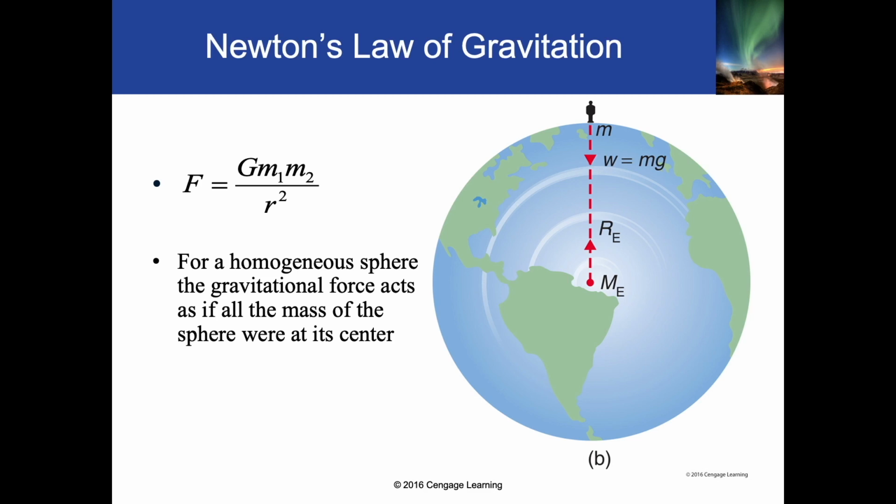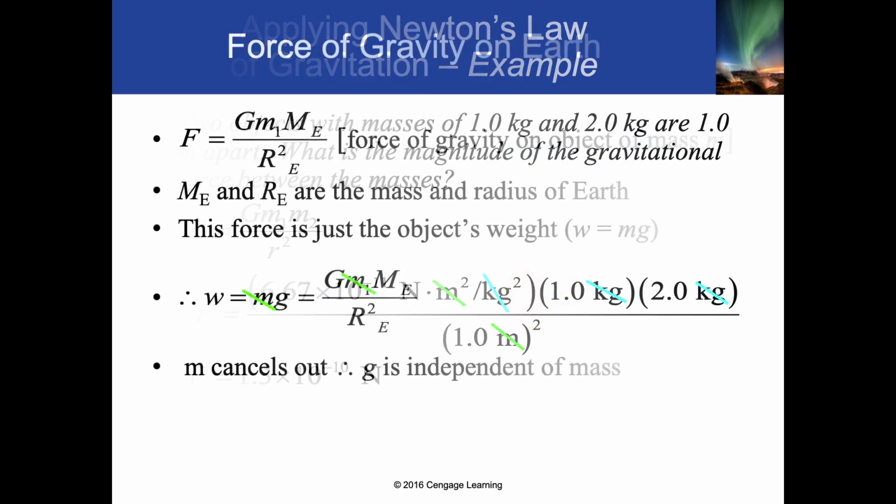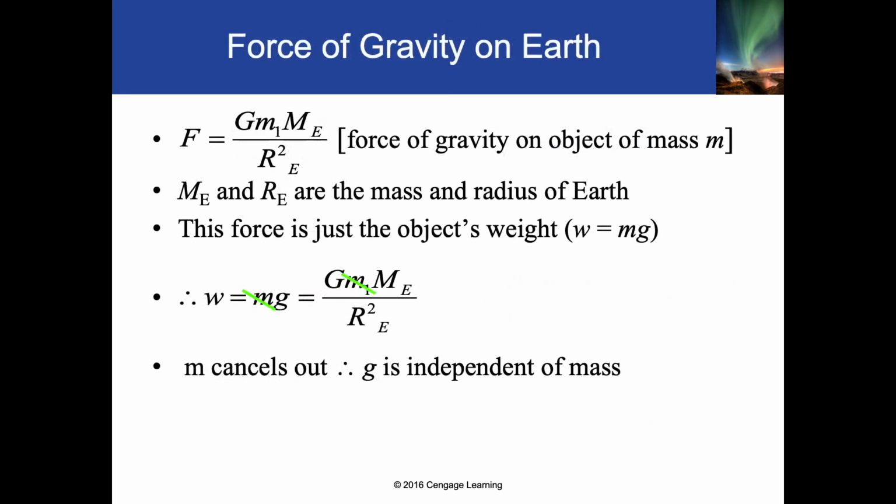So sometimes the distance can be a radius. Not all the time, but if the object is circular, then the distance can be a radius.